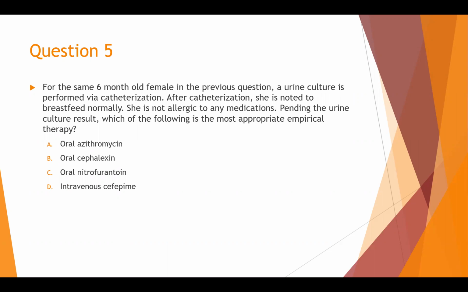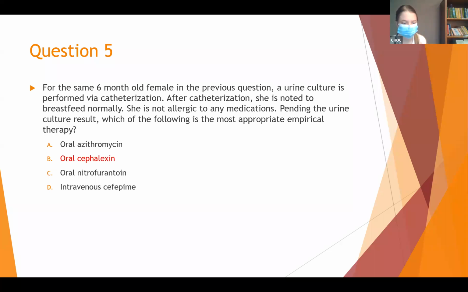So same 6-month-old. So urine culture, catheterization. She's not allergic to any medicines. She is breastfeeding normally, so taking good PO. What could you do for empiric therapy? Cephalexin. Yeah, perfect. So Keflex.